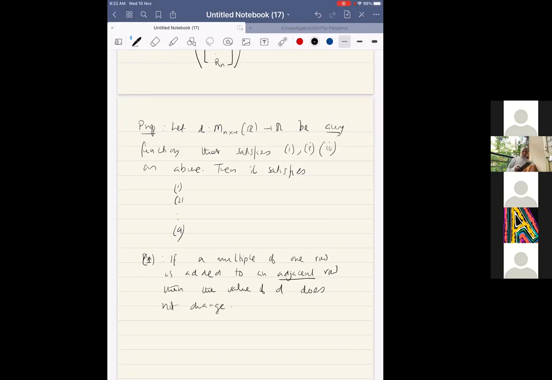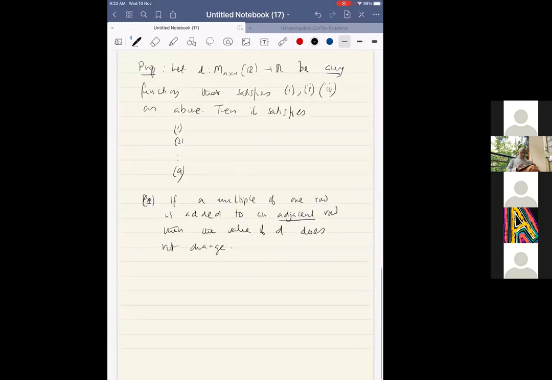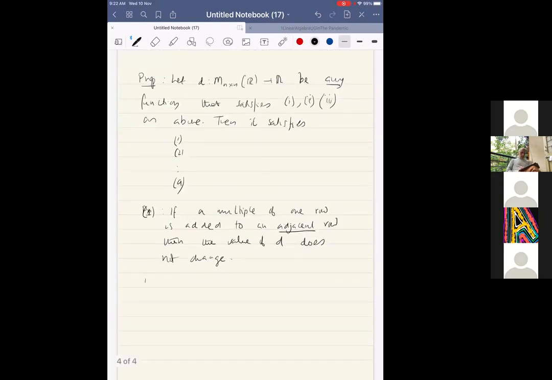So let us prove this. Proof. So what does this mean? I take an n by 1 matrix, which is of this form R1 tilde, R2 tilde, Rj tilde, Rj plus 1 tilde, Rn tilde.